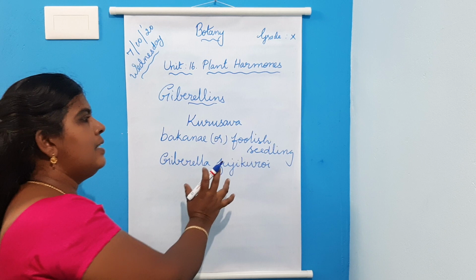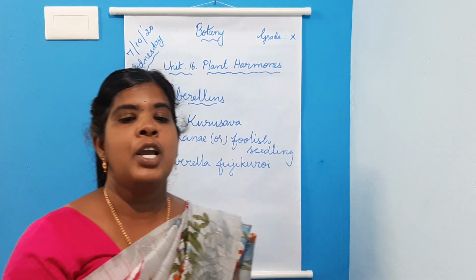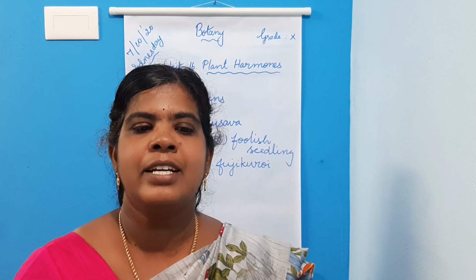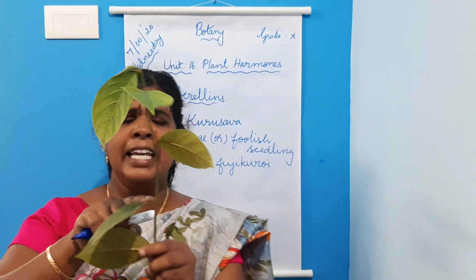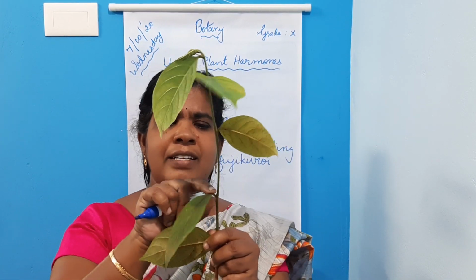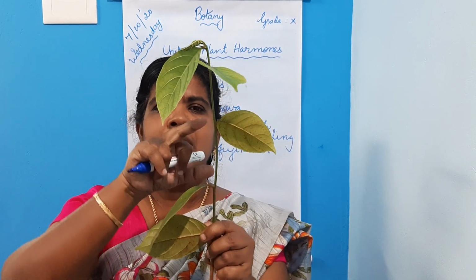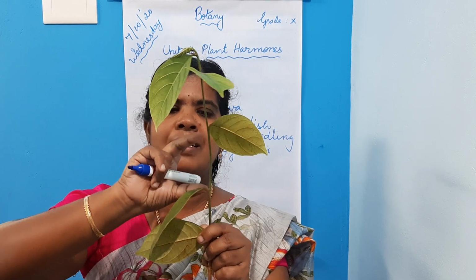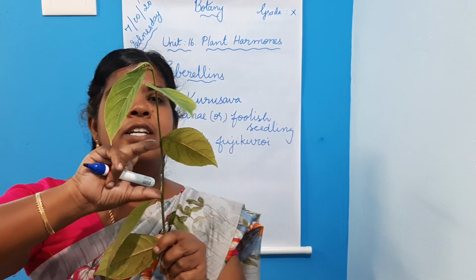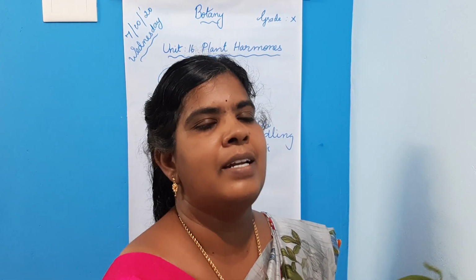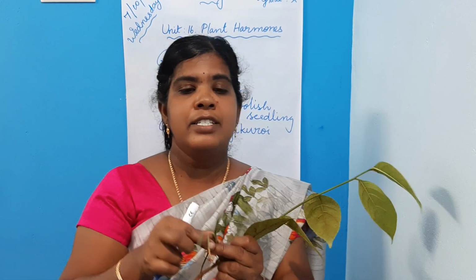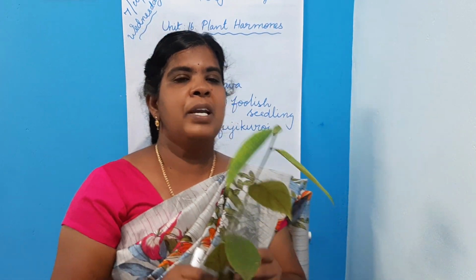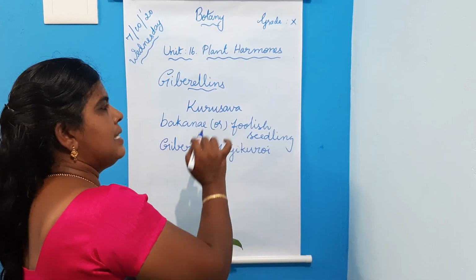Because of this fungal disease, the plant shows internodal elongation. Do you know what an internode is? The area of the stem from which a leaf arises is called a node. The distance between two adjacent nodes is the internode, and its lengthening is called internodal elongation. Certain rosette plants, that means plants having very short internodes, show internodal elongation because of gibberellin or gibberellic acid.